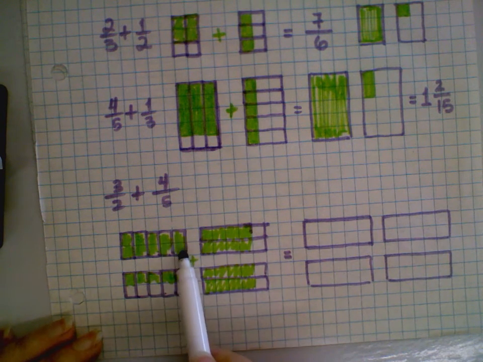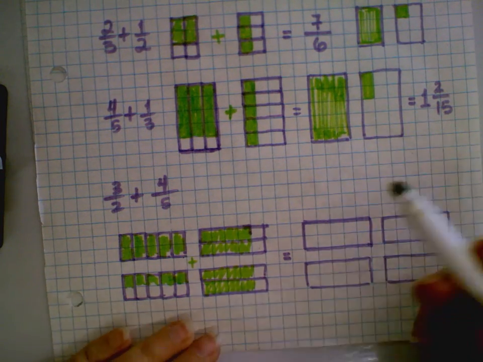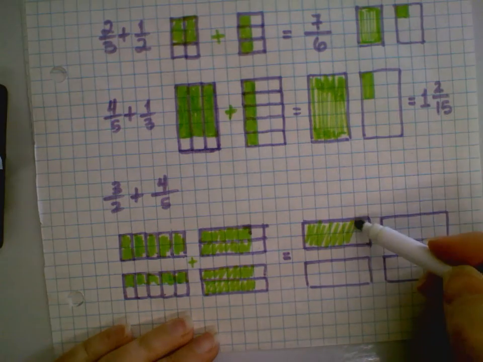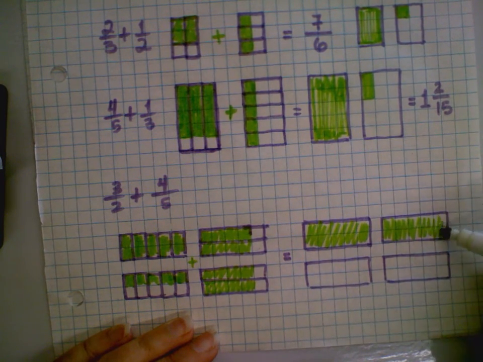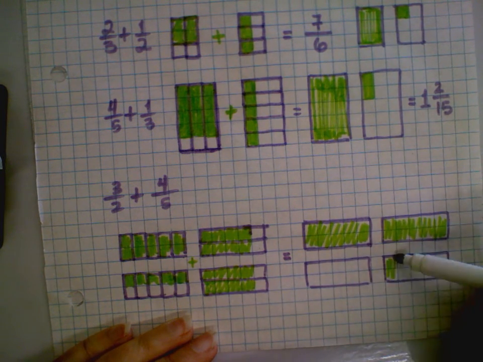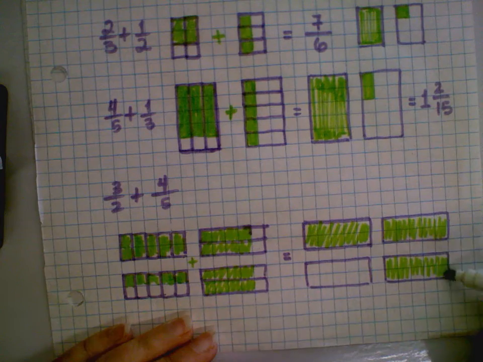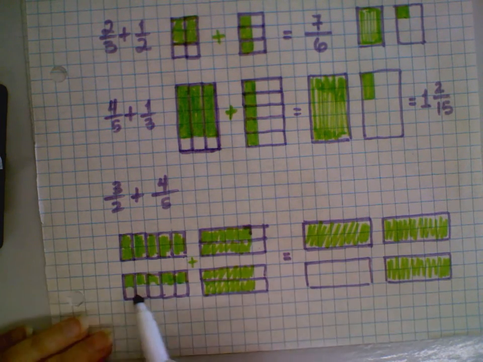So I'm going to borrow 2 from this side and complete it. So I've got a whole one here. I can complete the second one by taking 2 away from there. I can complete this one also by taking 2 away from this bottom left.